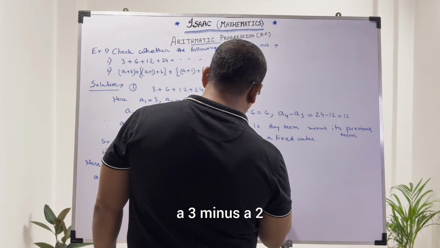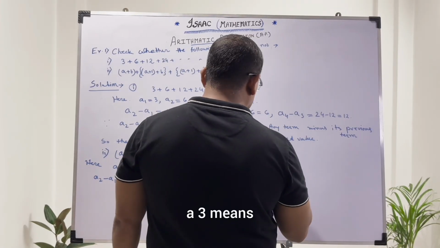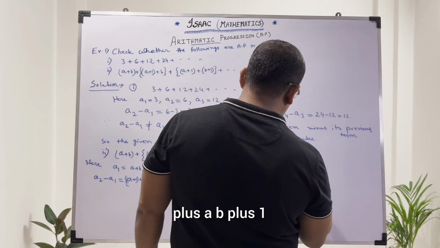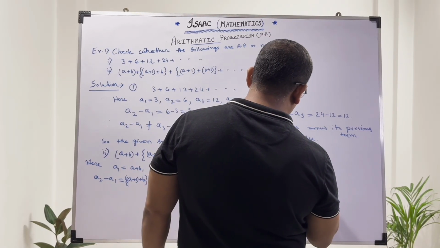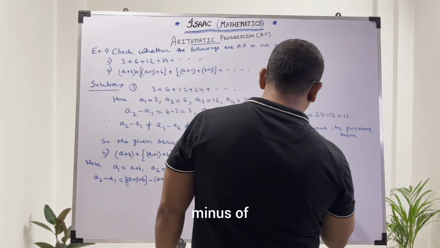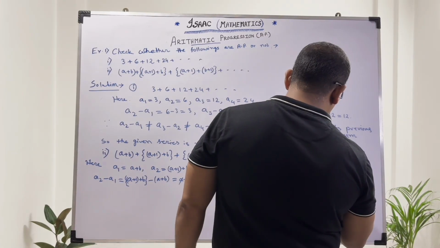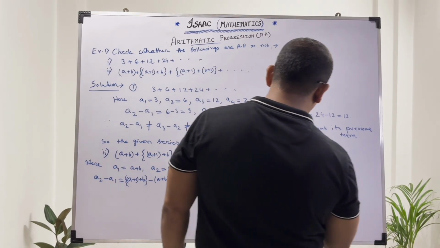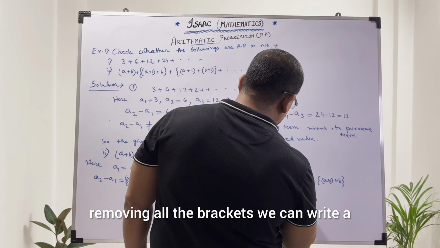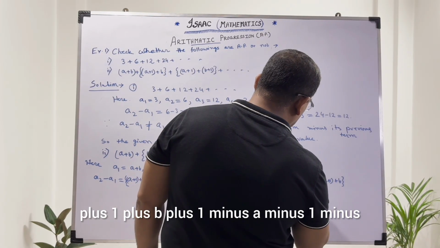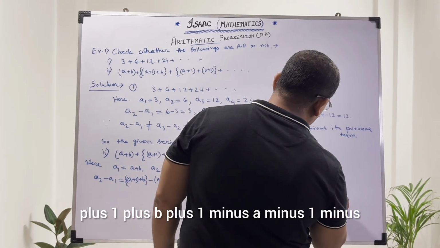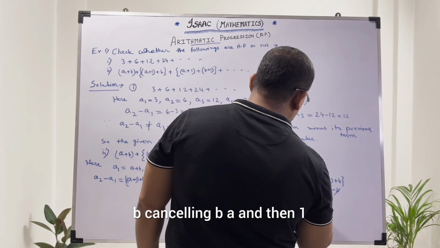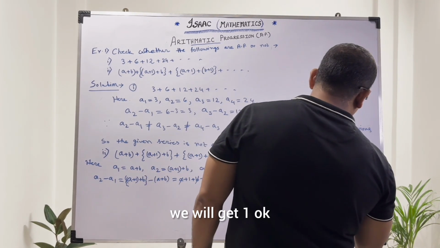A3 minus A2: A3 means A plus 1 plus B plus 1, minus of A plus 1 plus B. Removing all the brackets, we write A plus 1 plus B plus 1 minus A minus 1 minus B. Cancelling B, A and 1, we get 1.